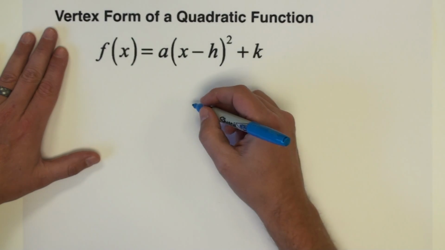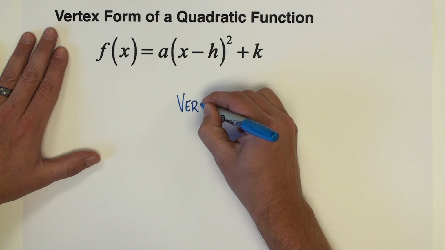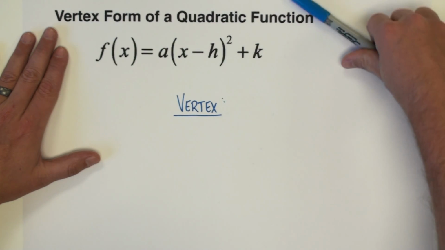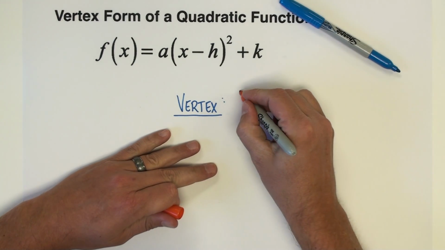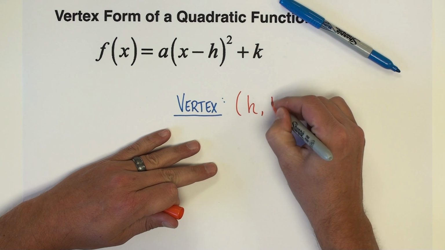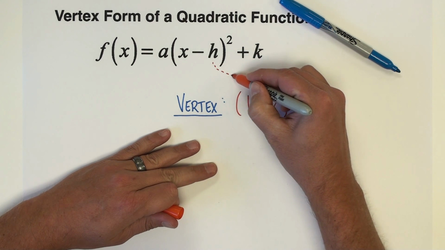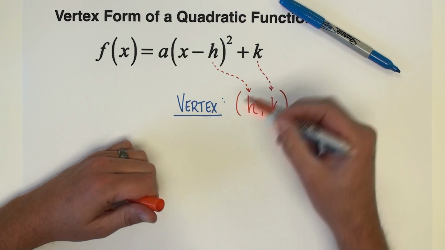The first being the vertex, where we're going to start. So the vertex for this quadratic function is at the point (h, k). We simply take this number as our x, and this one is the y.